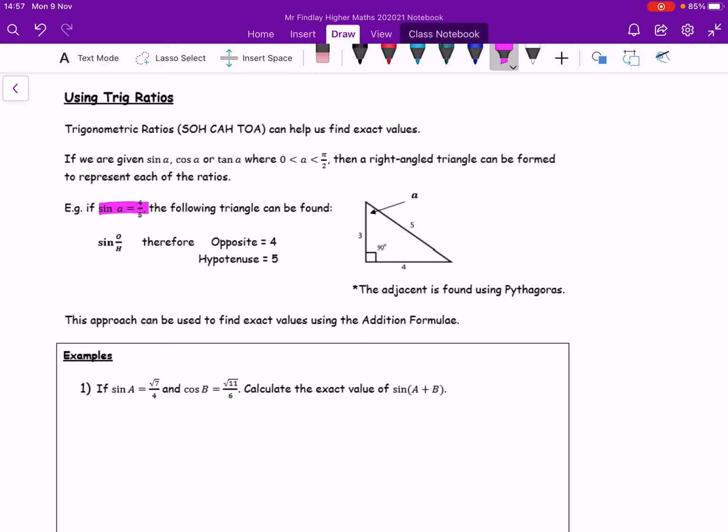In this particular example, sine A, we're able to use our triangle, which is here on our right hand side, and if we have our angle A, we have our opposite, which is 4, our hypotenuse, which is 5, and the final side of a triangle can be calculated using Pythagoras as 3.